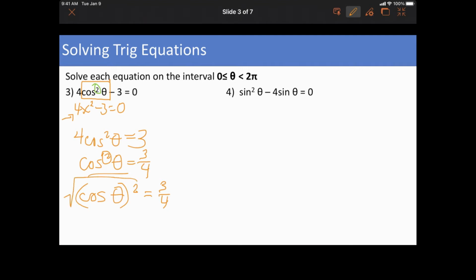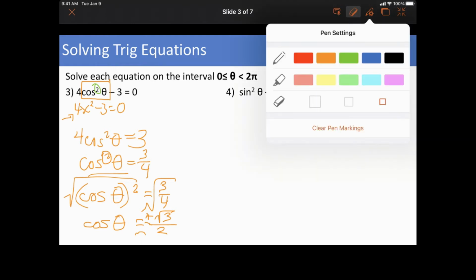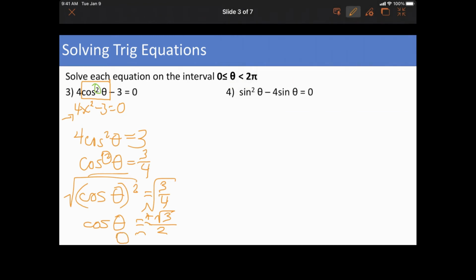So you're going to take the square root of both sides. So I'm going to have cosine theta equals the square root of 3 over 2. Now, because you took the square root, it is a plus or minus. Now, because it's a plus or minus, when we do the inverse, I'm going to do the inverse.